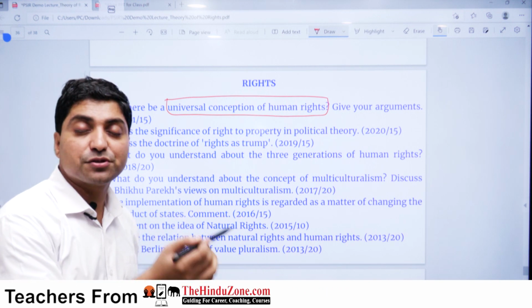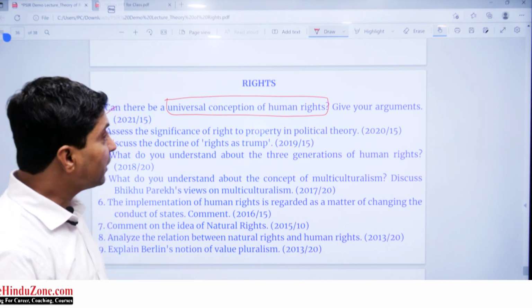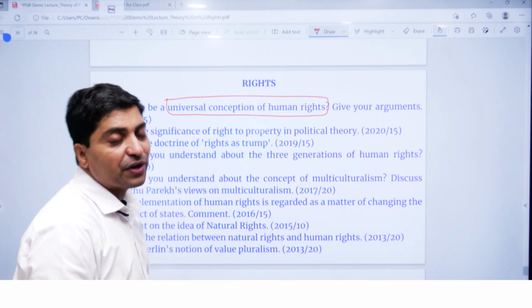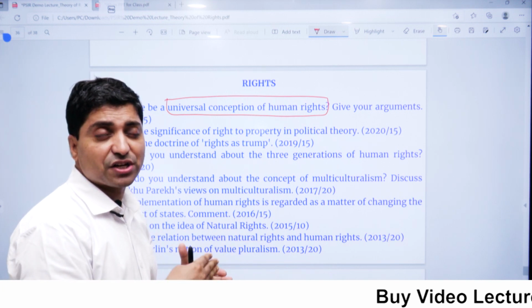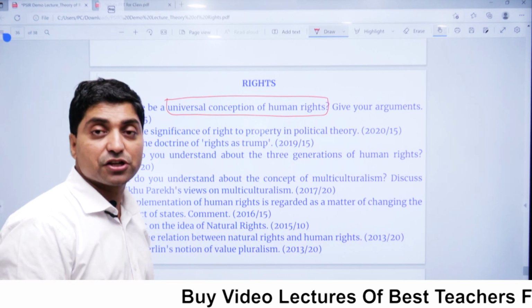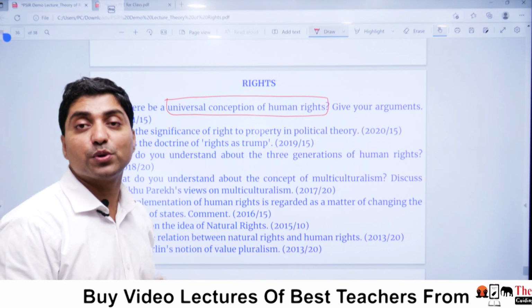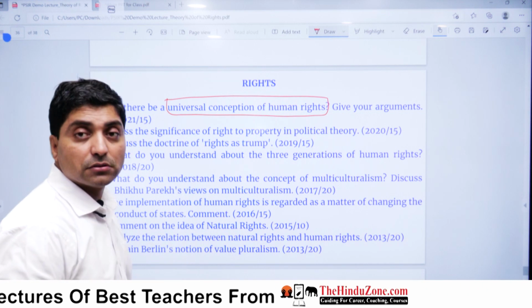Can it be exercised? We know human rights were framed by the UDHR, the Universal Declaration of Human Rights, a resolution passed by the United Nations General Assembly. But can a universal right be universal? That is the question.